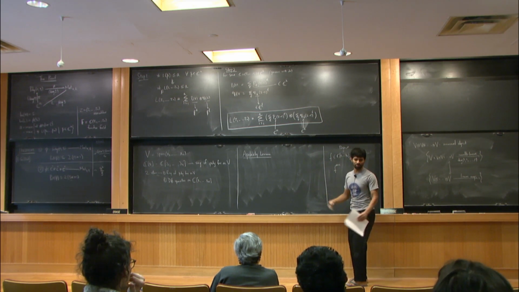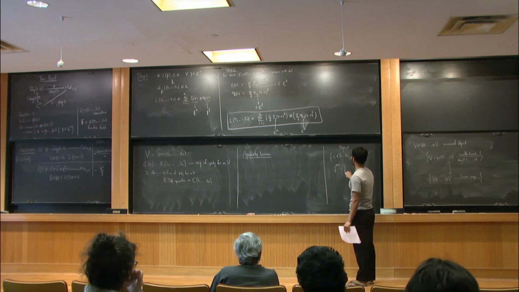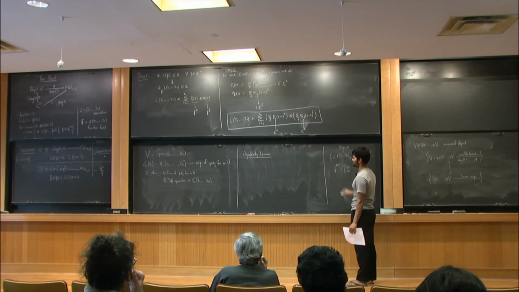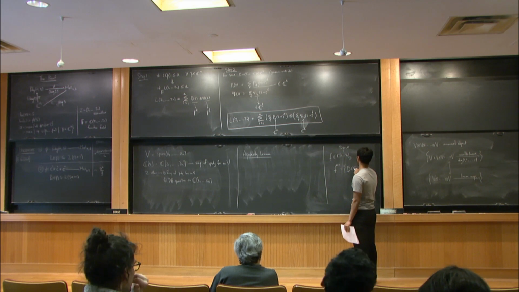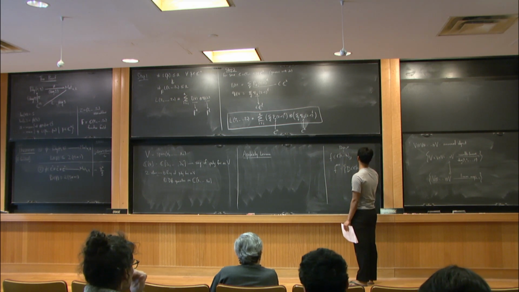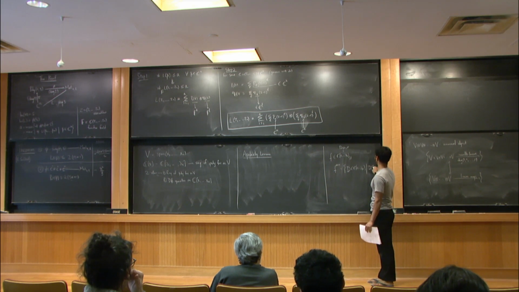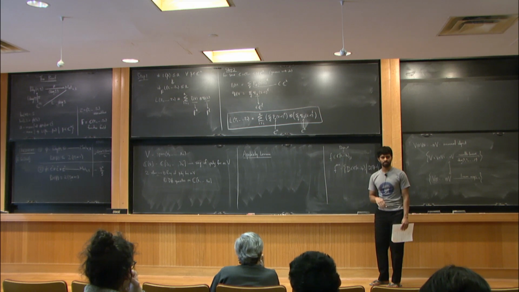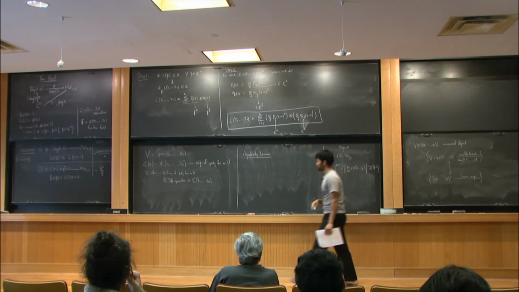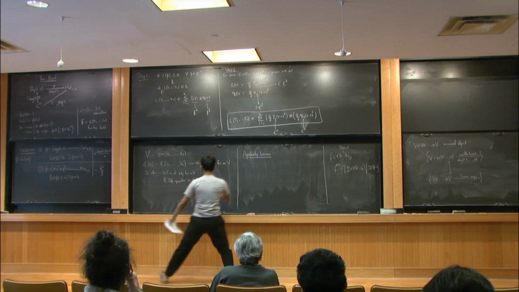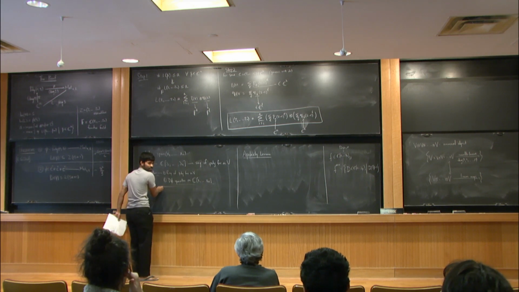Ideal is a big word, but forget the word ideal. This is the set of all differential operators inside this ring which kill my polynomial. That makes sense? So that's the role that's being played.